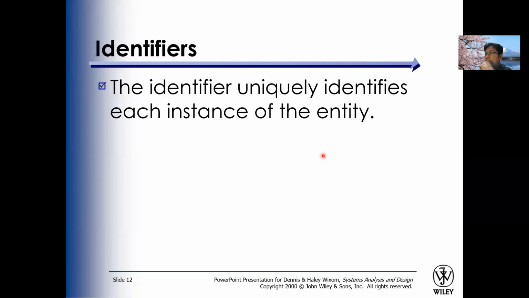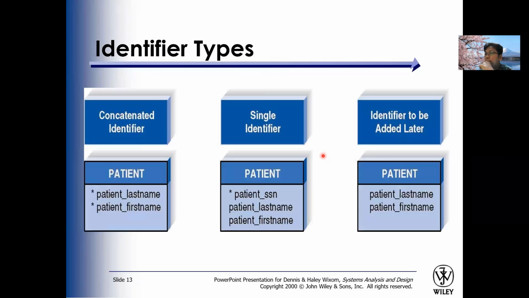For example, we have discussed primary key. There are a lot of kinds of primary key. We can use a concatenated identifier, last name and first name. Also, you can use a single one.